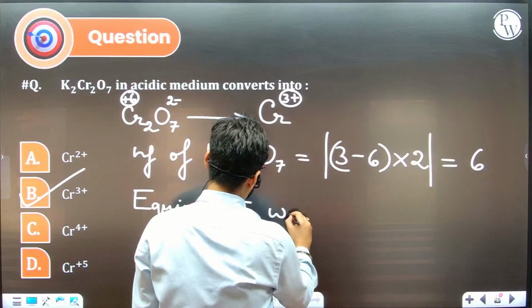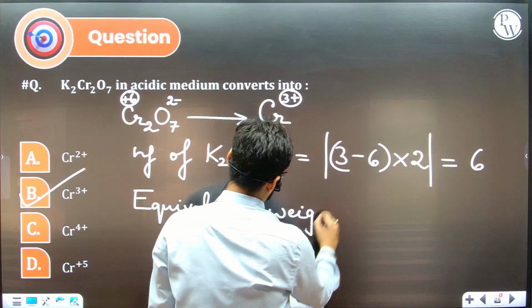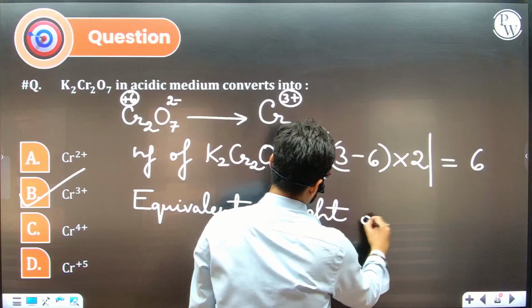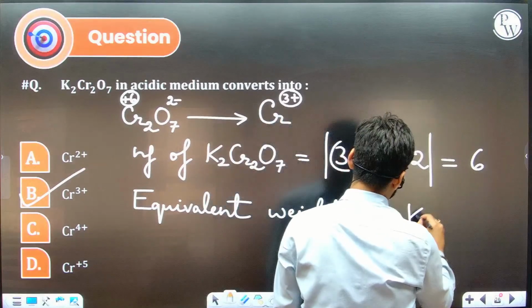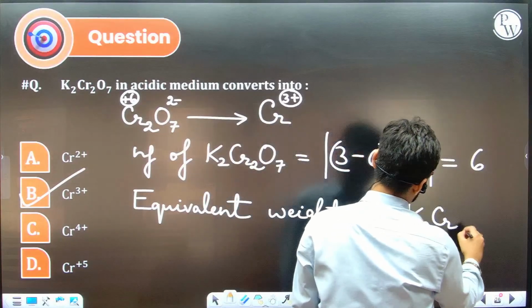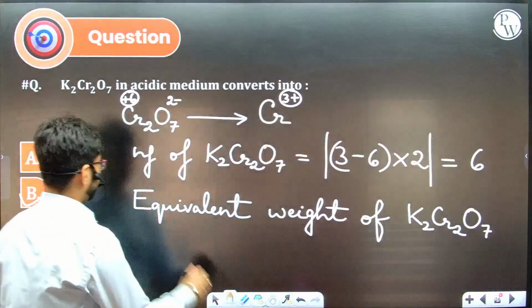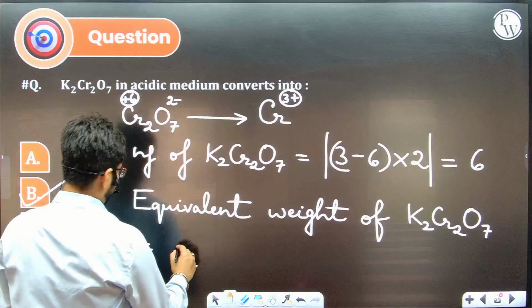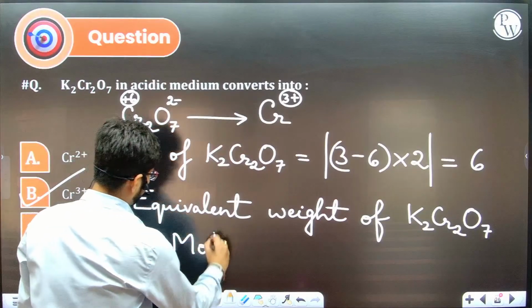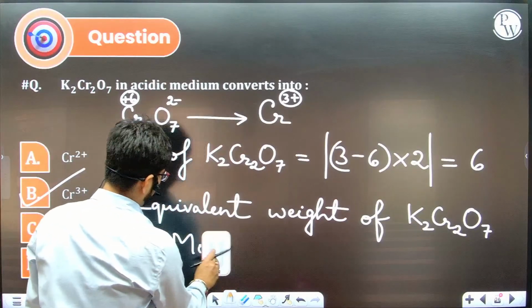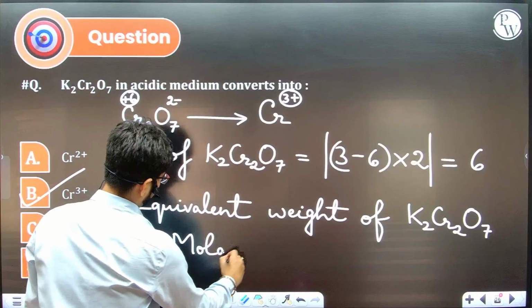Equivalent weight of K2Cr2O7 in this reaction will be equal to molar mass upon NF. So NF is 6 here, so molar mass upon 6.